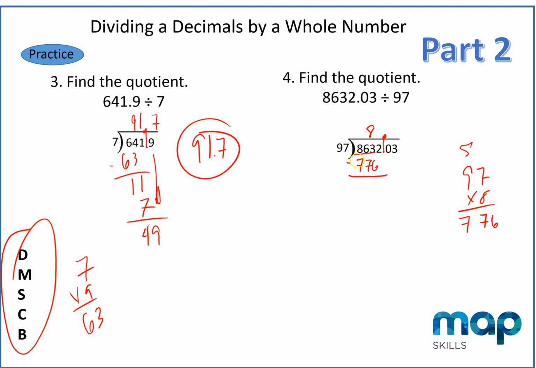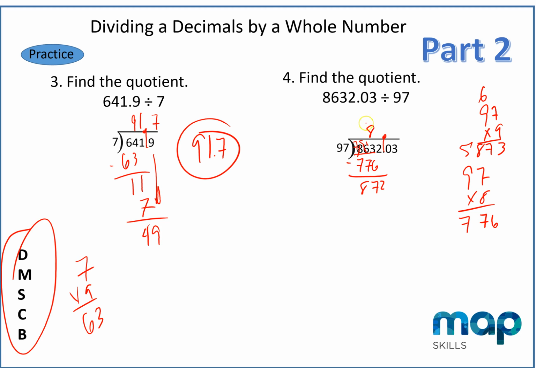776. I'm going to subtract. That gives me 7. I had to borrow from there 5, borrow from there 7. So that's 15 minus 7 is 87. Now I'm going to bring down the 2. And let's try 97 times 9. 63, 81, 873.